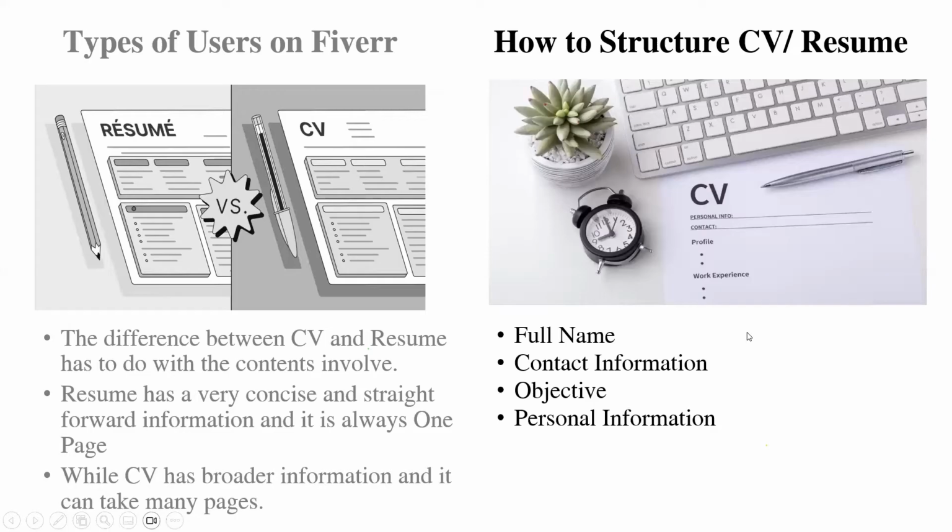So, followed by personal information. Now, on this issue of personal information, please, a lot of people are putting things like marital status, state of origin, number of children, religion, tribe.